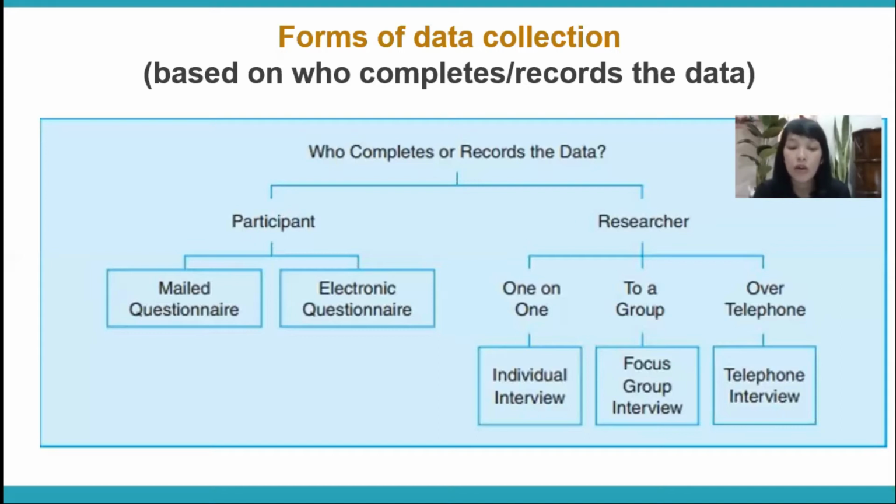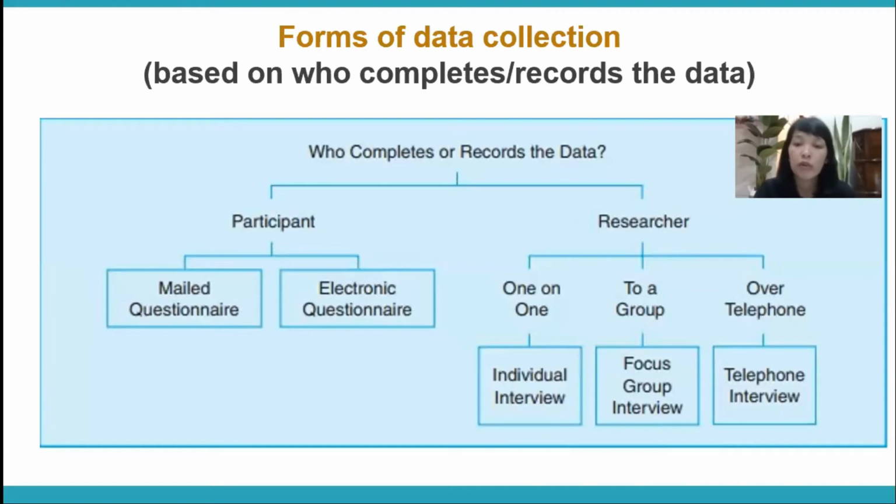In one-on-one, there is what we call individual interview, and in to a group, there is what we call focus group interview, and over telephone, there is what we call telephone interview.